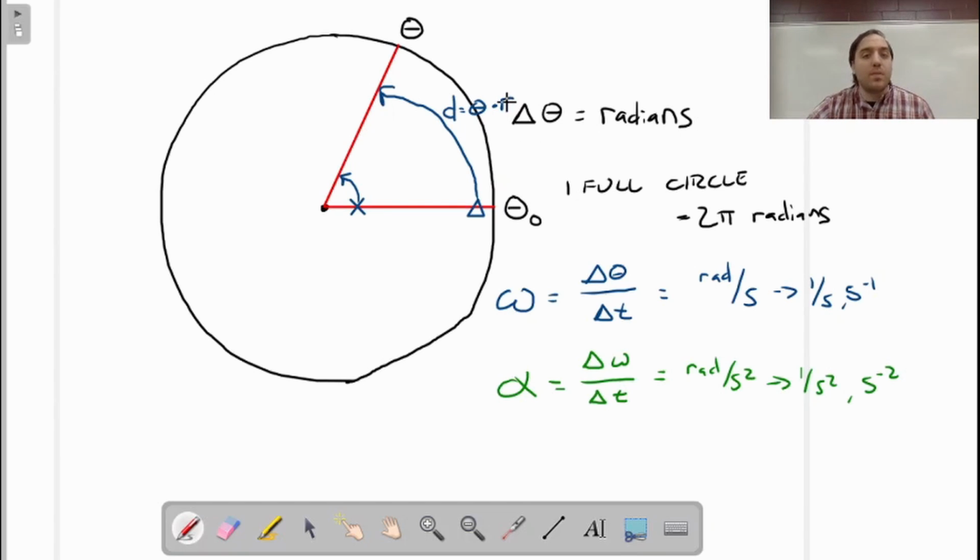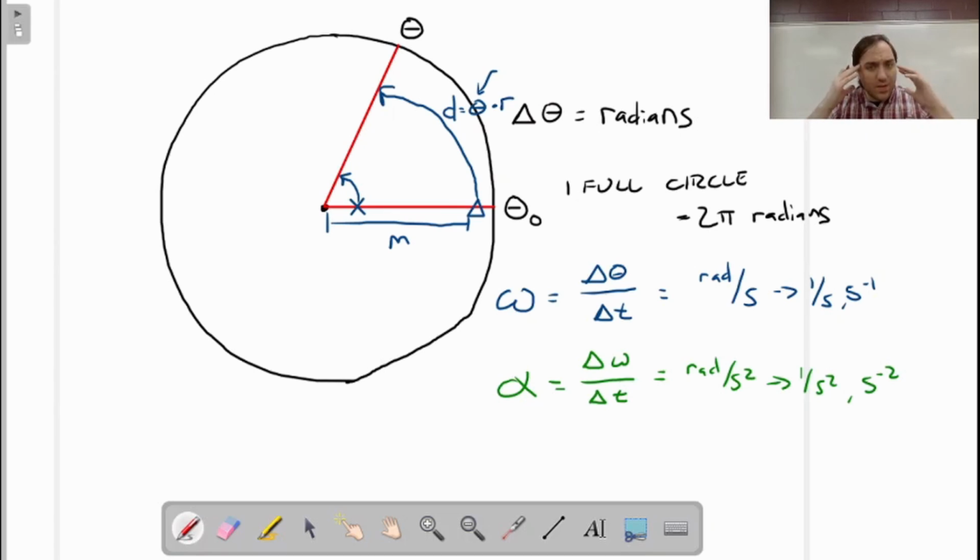If I multiply by the radius, which is typically going to be measured in meters, from here to here would be measured in meters, I need the units to match up. I need distance to be in meters, because that's what we measure distance in, but I also need the radius to be in meters, because that's, again, a distance. The only way to make that work is by having the angle be unitless, be dimensionless.